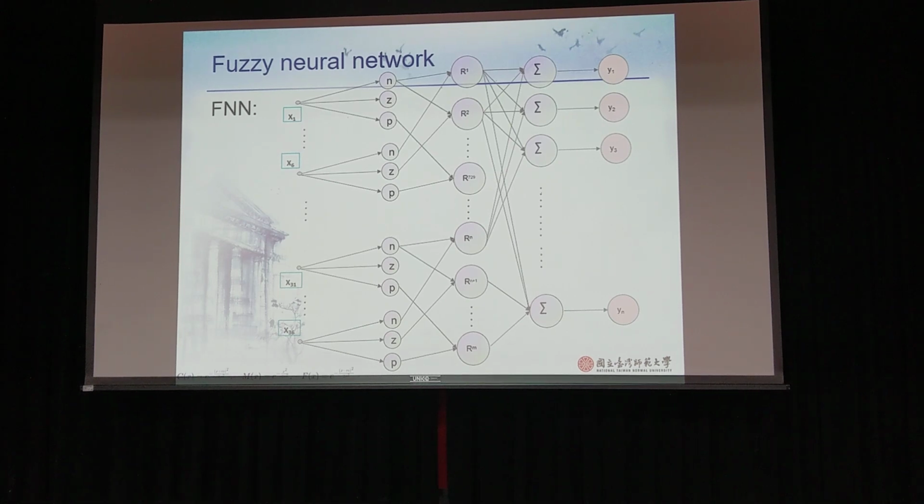In a fuzzy neural network, the process begins with fuzzification using membership functions to represent input data in fuzzy sets, and subsequently, a fuzzy rule base is established to capture the relationships between inputs and outputs. Next, fuzzy inference is performed to derive fuzzy outputs based on these rules. Finally, defuzzification is applied to convert fuzzy outputs into crisp results.